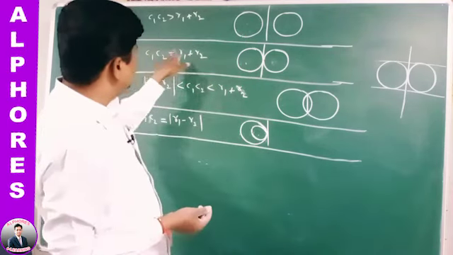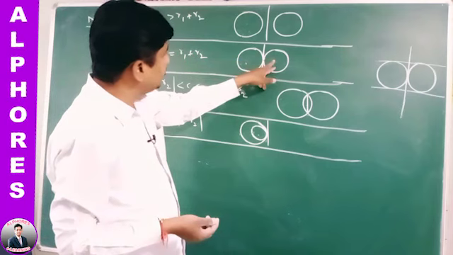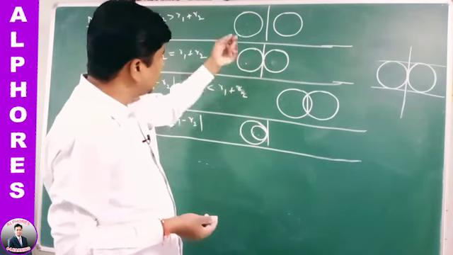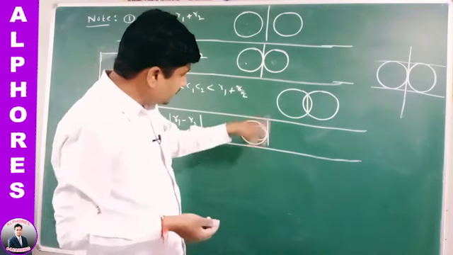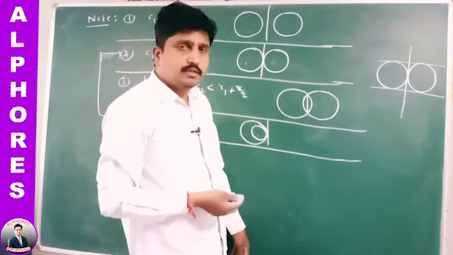If two circles touch each other externally, the transverse common tangent is the radical axis. If the two circles touch each other internally, the direct common tangent is the radical axis of the given circles.